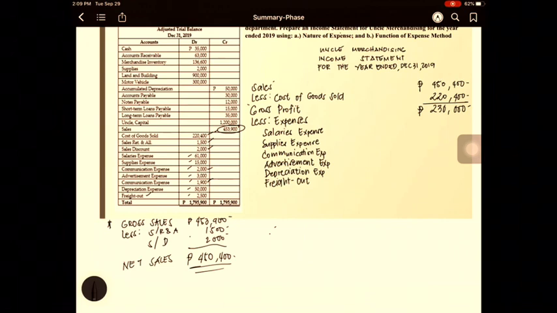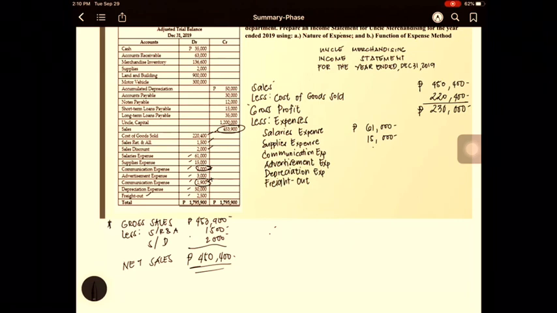Alright, so let's determine the amount of the expenses shown in the problem. We have your salaries expense amounting to 61,000 pesos. Your supplies expense amounted to 15,000 pesos. Your communication expense 2,000 plus this one, so 2,000 plus 1,900.